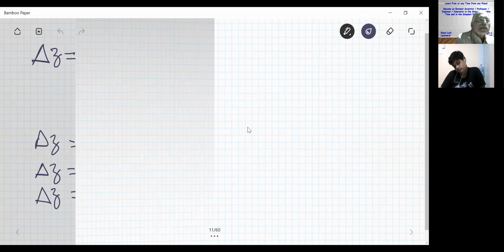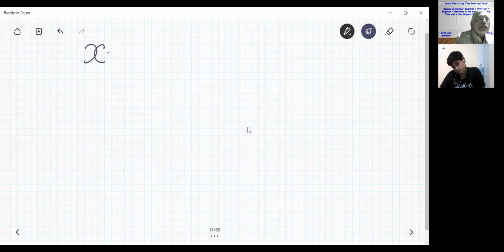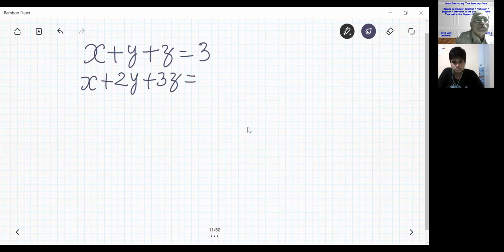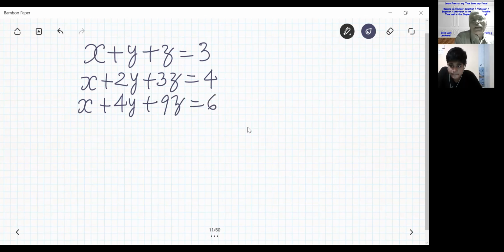Now we had the equation given as x plus y plus z is equal to 3, x plus 2y plus 3z equal to 4, x plus 4y plus 9z is equal to 6. We have calculated delta.